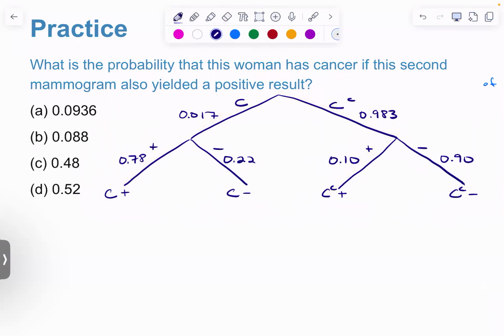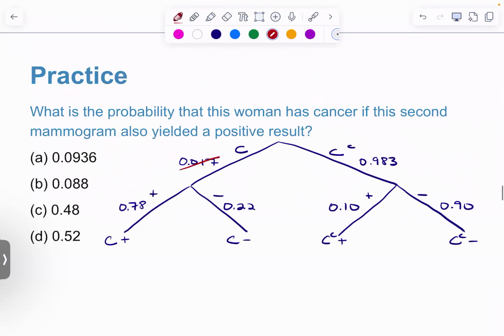Now, we know she had a first positive test, which means the probability that she has cancer, we adjust it to be 0.12, right? Now, it decreases the probability of not having cancer, which is not a great thing, is it? To 0.88.